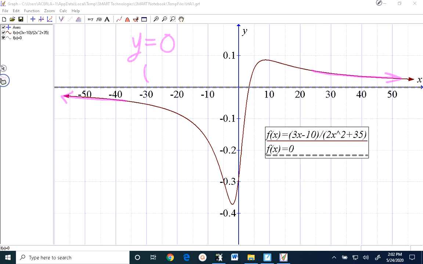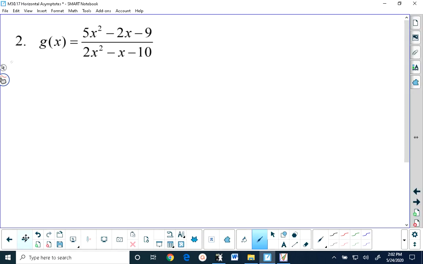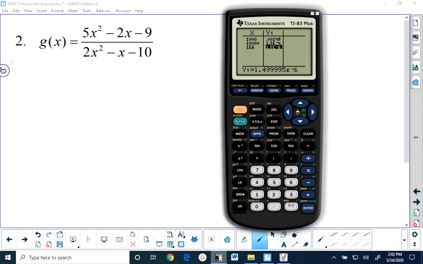So number 2, let's use our graphing calculator to figure out what the function approaches when x gets very big. We have 5x squared minus 2x minus 9, and you have to make sure you put that in brackets, divided by, in brackets, 2x squared minus x minus 10. The bottom has to be in brackets as well.